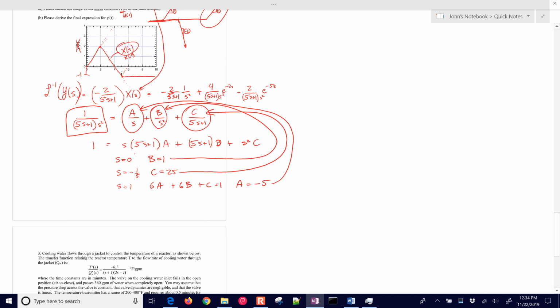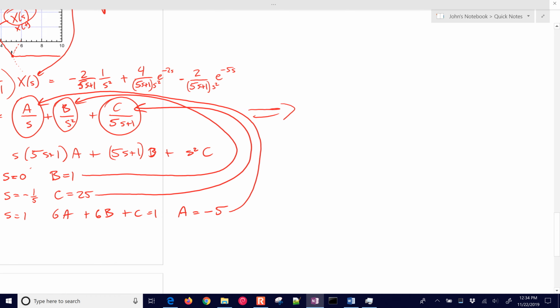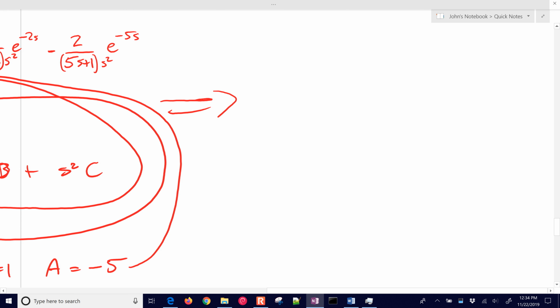Okay, so now the first term, let's just go ahead and do all of these terms. I'll do it over here. Our first one is going to be -5. That's just a step. And then we have the ramp, and that's going to be t.